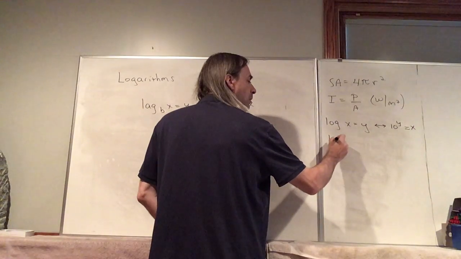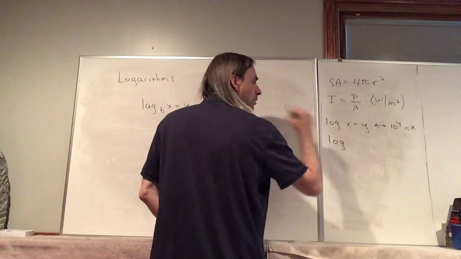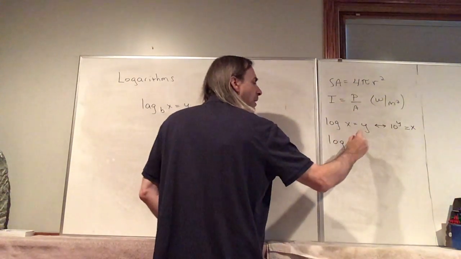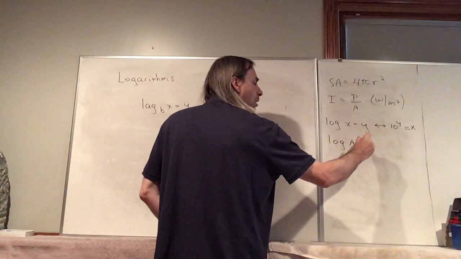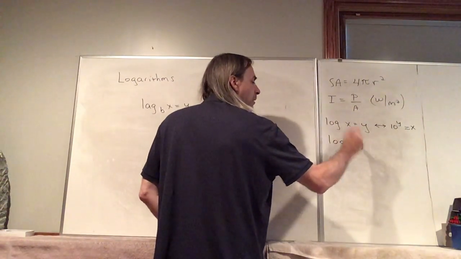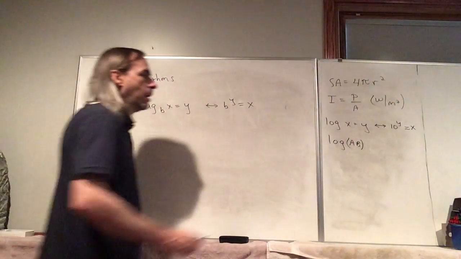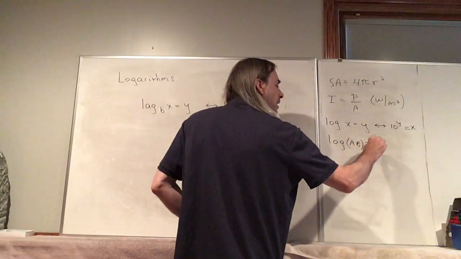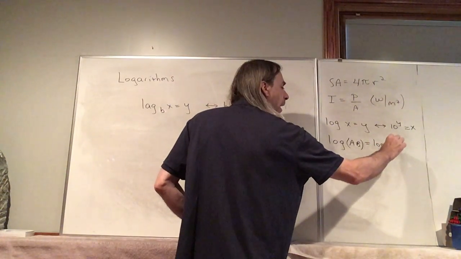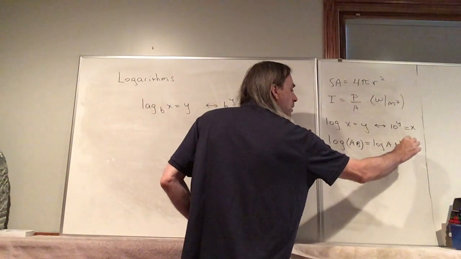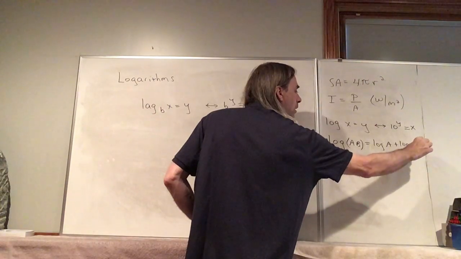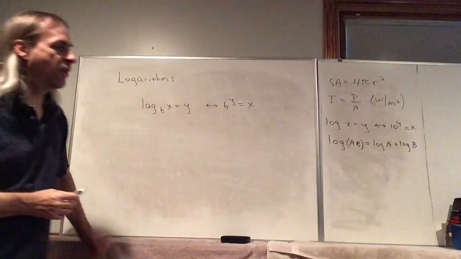Let's say the logarithm of a times b is equal to the logarithm of a plus the logarithm of b.